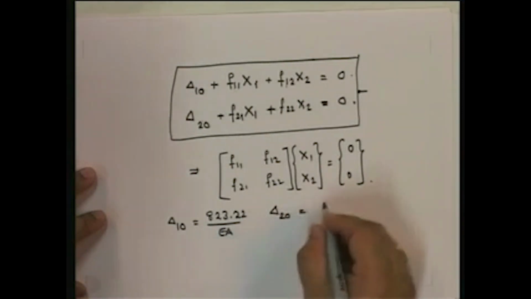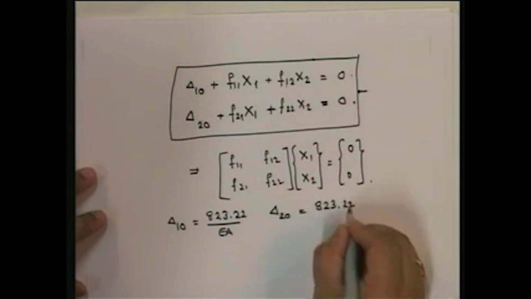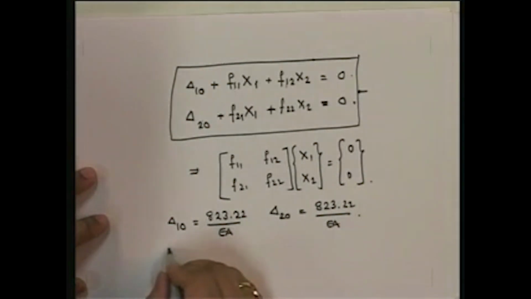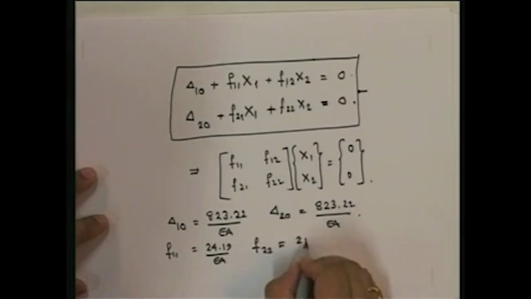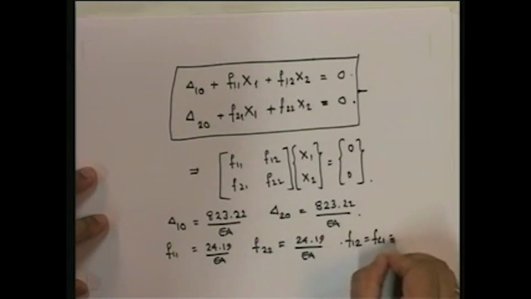Delta 20 is identical because this is a symmetrical structure, 823.22 upon EA. And F11 is equal to 24.19 upon EA. F22 is also the same, 24.19 upon EA. And F12 is equal to F21, it's equal to 2.5 upon EA.